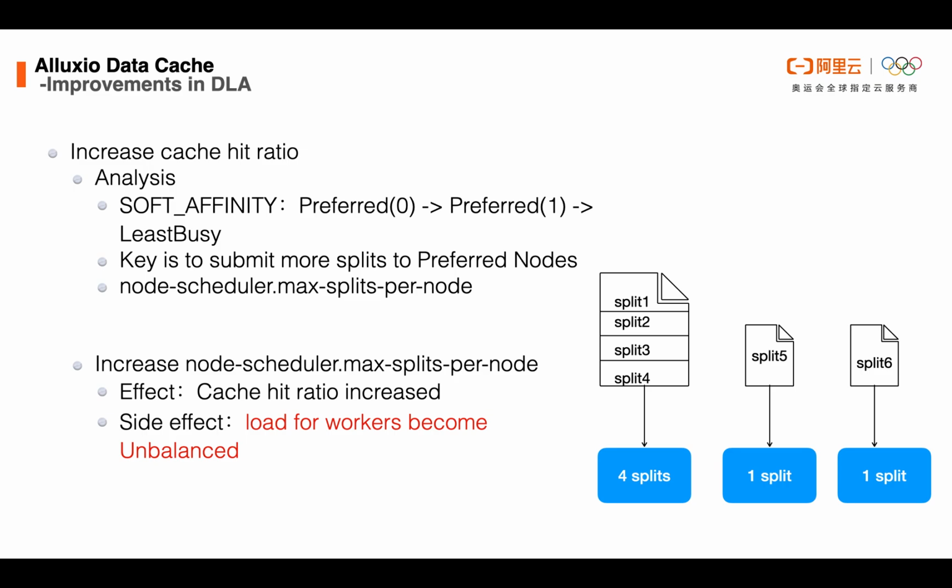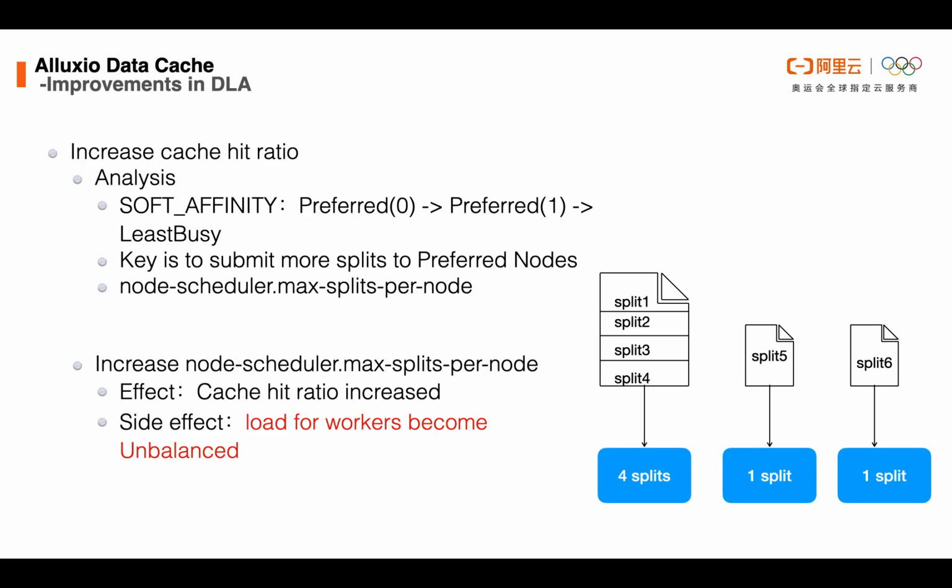As mentioned before, when preferred nodes are busy, the split would be scheduled to the least busy node, which is a random node. So to increase the cache hit ratio, the key point is to submit more splits to preferred nodes.